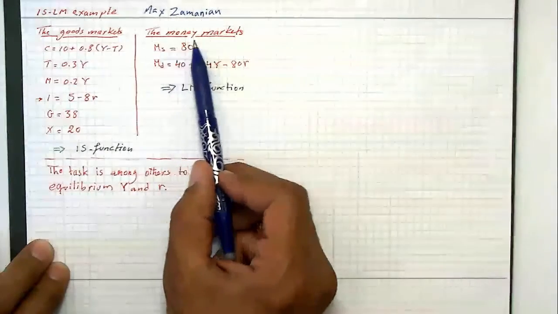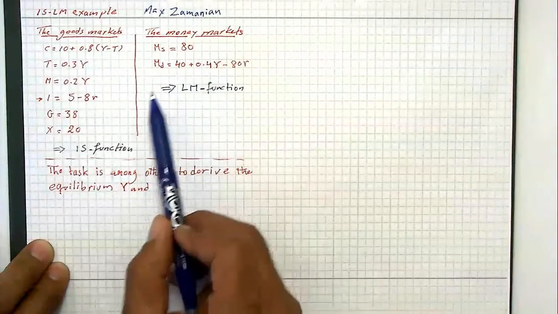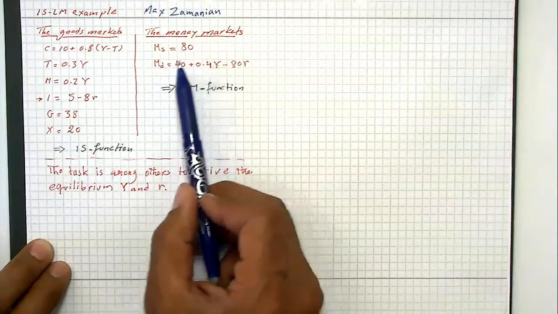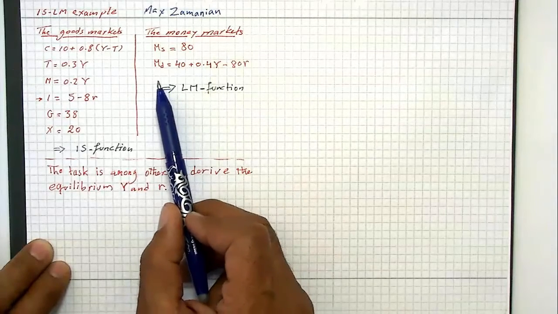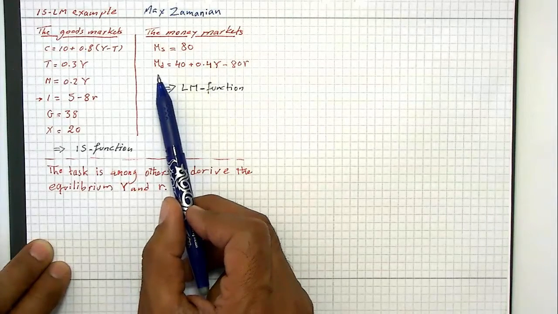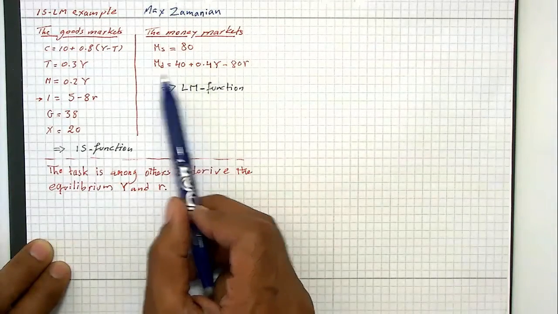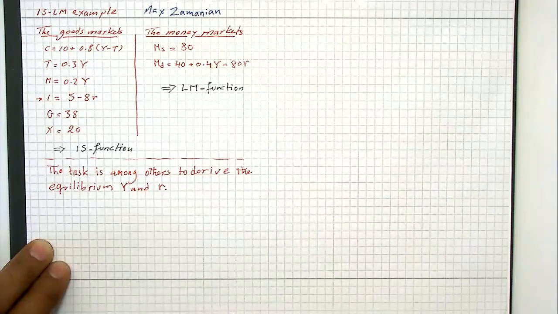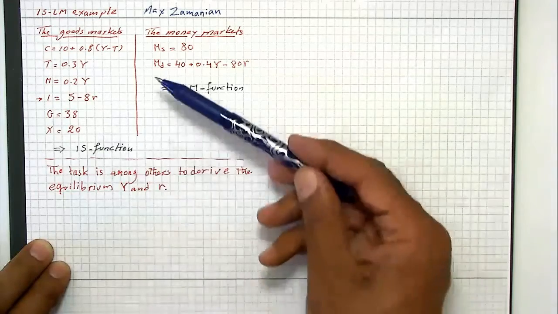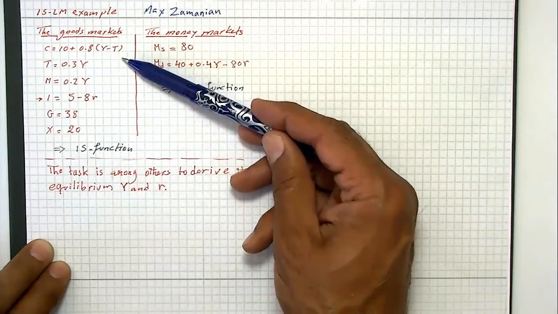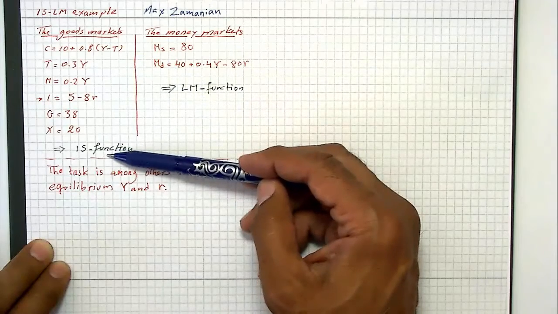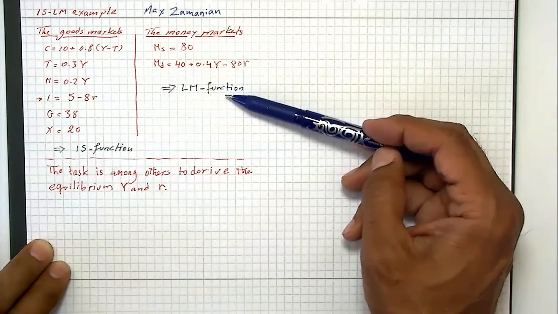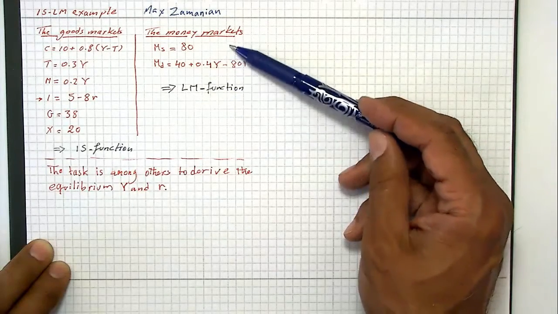Also, you have the money markets information. This is money supply, which is fixed and decided by the central bank normally. And this is the money demand, which is a function of income and a function of interest rate. So we're going to show how you can derive the so-called IS function from the goods market and the LM function from the money markets.